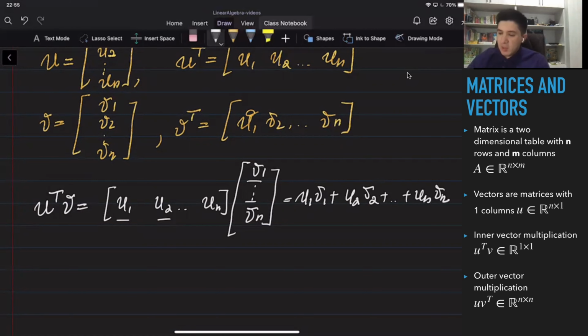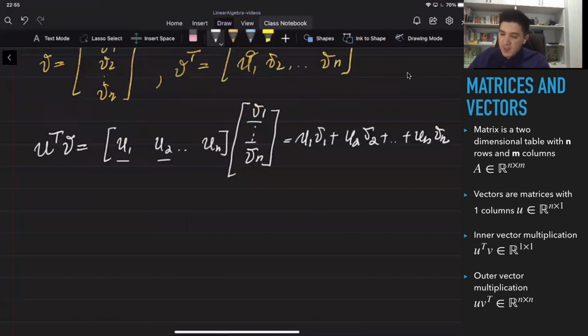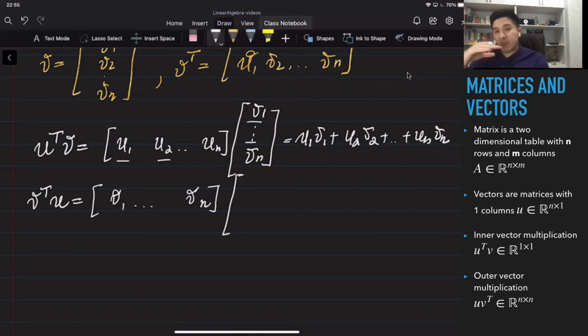Okay, so the u transpose v and the v transpose u are essentially the same numbers, the same results. So let's check this. By the formula, it's going to be v1, v2, and so on, vn, because I'm transposing the v vector, right? And I have to multiply this with u: u1, u2, and so on, un.